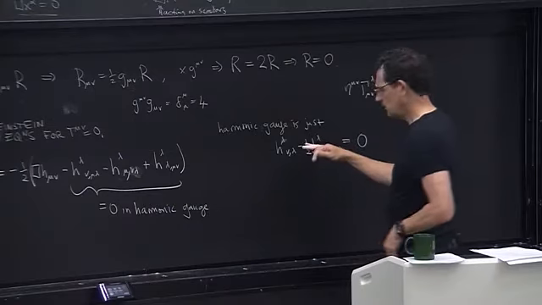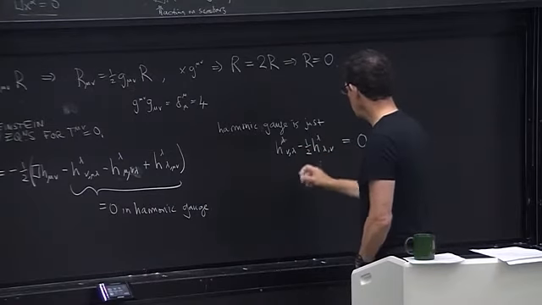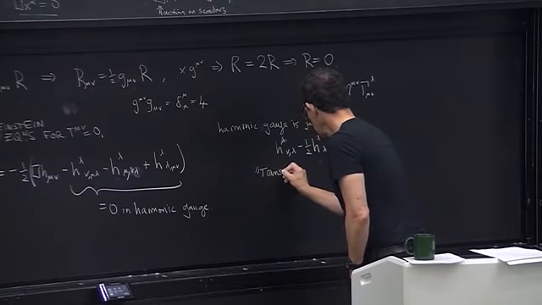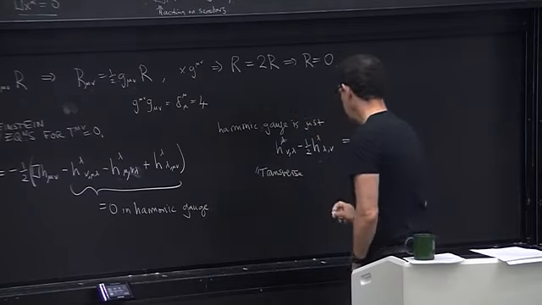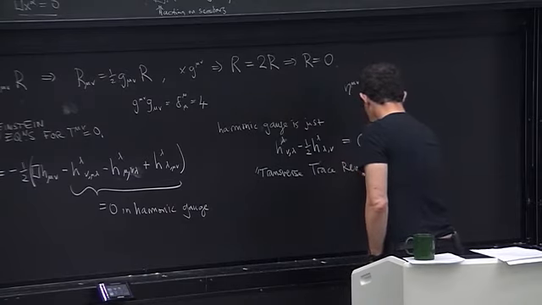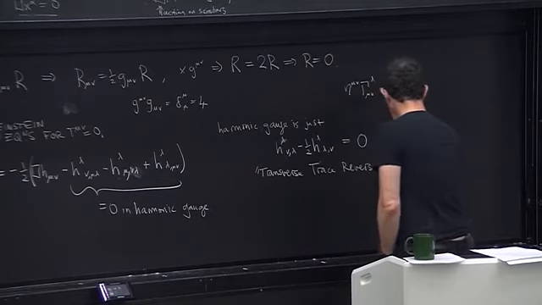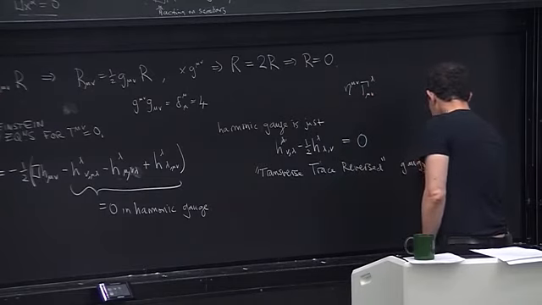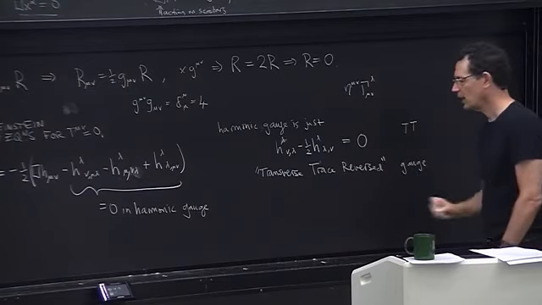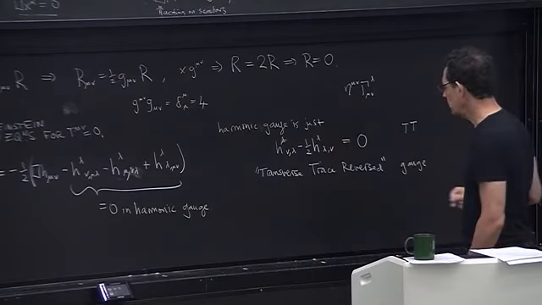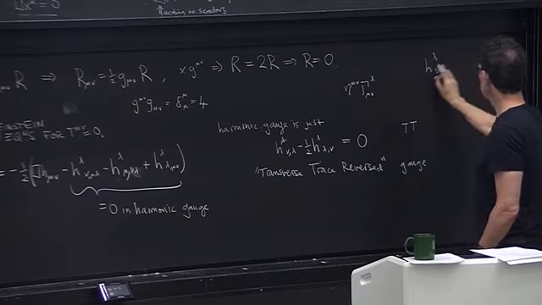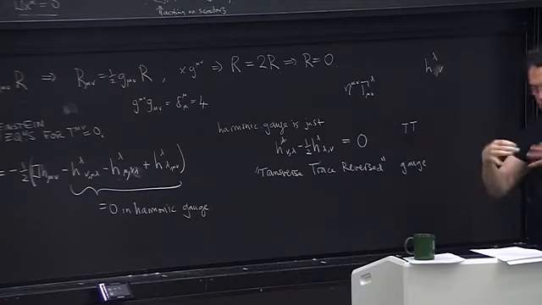A terminology which is used here is this is called transverse trace reversed gauge. So harmonic gauge for the linearized theory is called transverse trace reversed, also called TT gauge. Let me just explain the terminology. So I have h lambda nu, that's my metric perturbation.